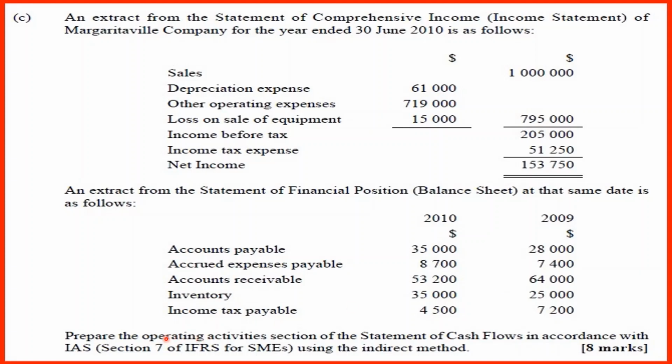And we are asked to prepare the operating activity section from the statement of cash flow in accordance with IAS 7 IFRS for SMEs using the indirect method.